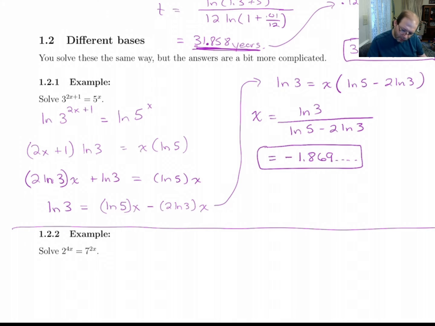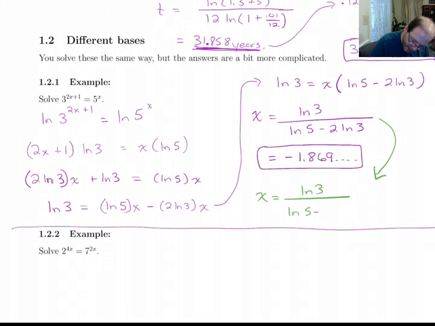The other thing you could do is you could take this and rewrite it as x equals ln 3 over this bottom. You could rewrite it as ln of 5 minus ln 9, and then rewrite the whole thing as ln of 3 over ln of 5/9.